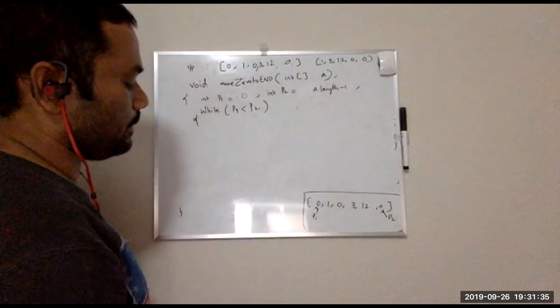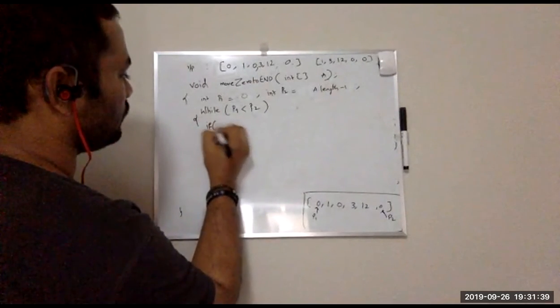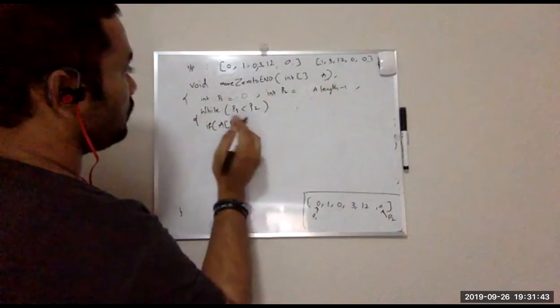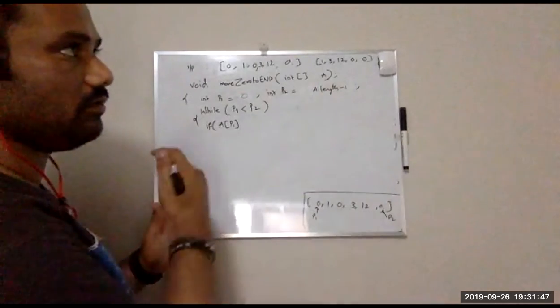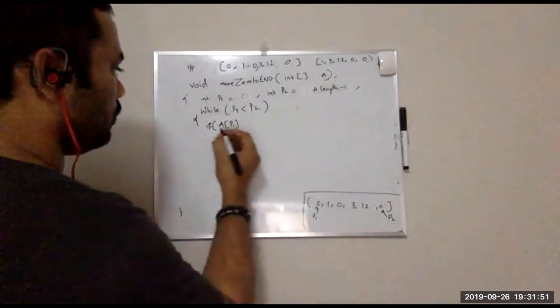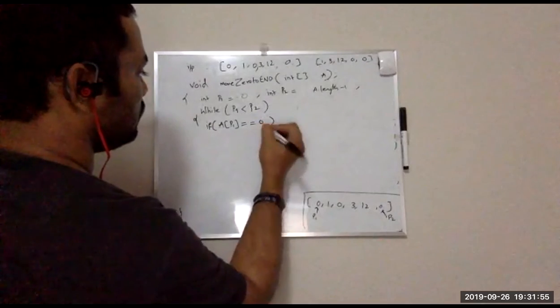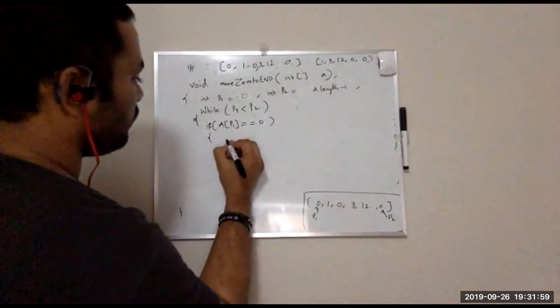Now I will be checking a of P1. I'm going from the left; this can be written from right to left or left to right, and I'm doing the left to right way. If a of P1 is equal to 0, then I'll check a of P2.